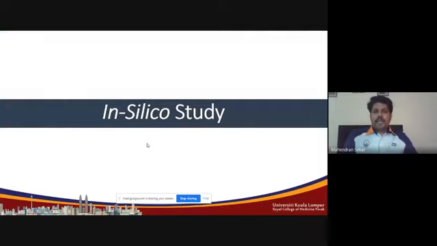So today I'm going to highlight two very important studies which are currently in practice for natural product research. The first one is in silico studies. In silico study is not like in vitro or in vivo studies. This study is totally different from animal models.